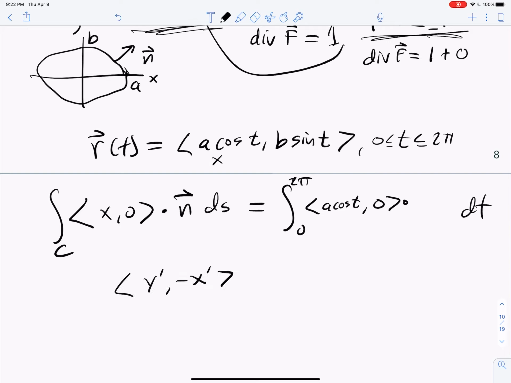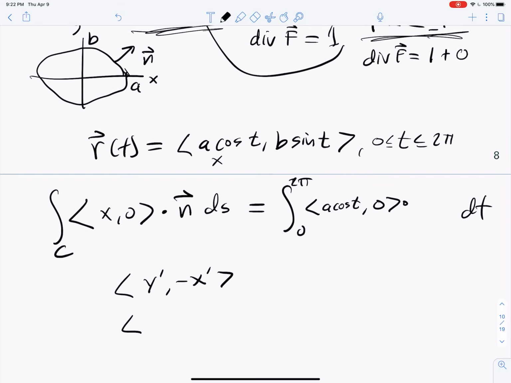That will be not the unit vector, but the normal vector that points out. And so what's that going to be? y is b sine of t, so y prime would be b cosine of t. And x is a cosine of t. x prime would be negative a sine of t, so negative x prime would be a sine of t.